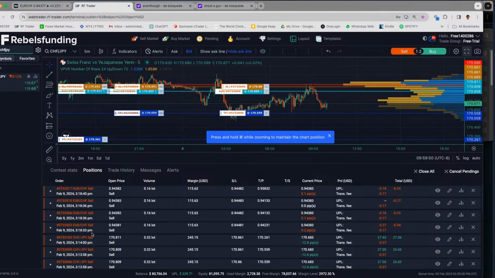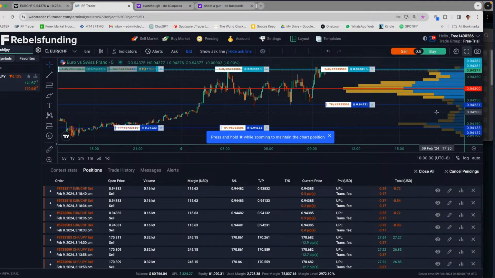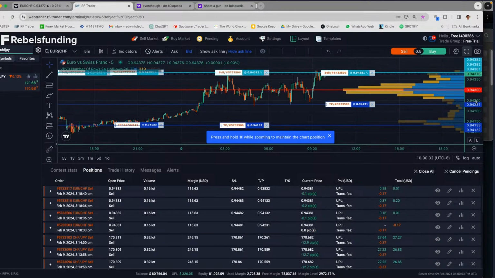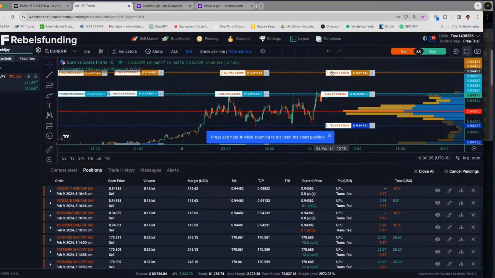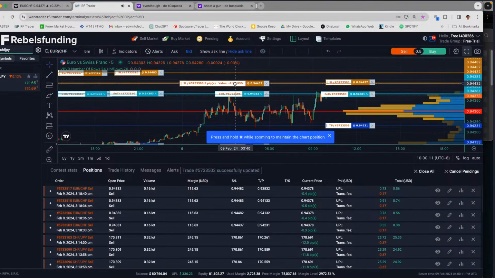Let me just make sure the other trades are at 10 pips stop loss, right? For example, this losing trade, we have it at 17 pips, right? So I think something we have to do.